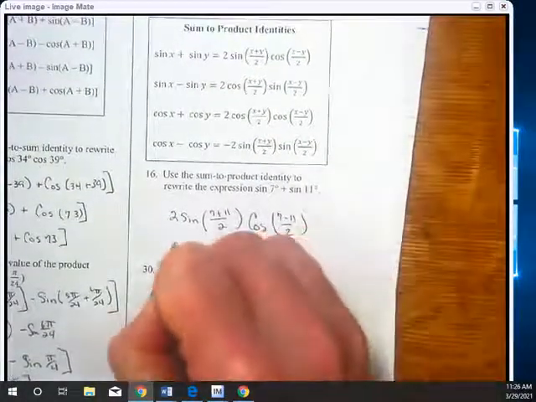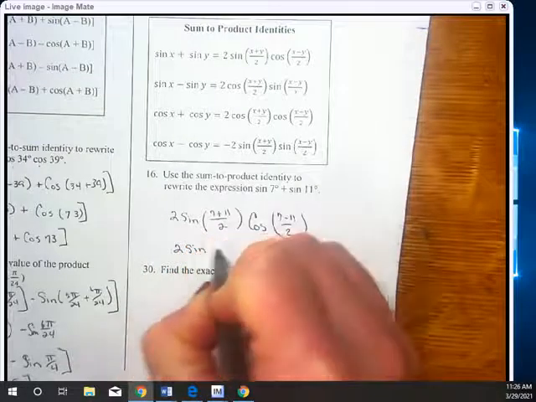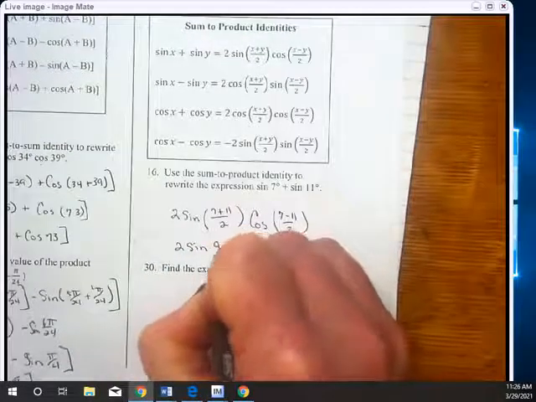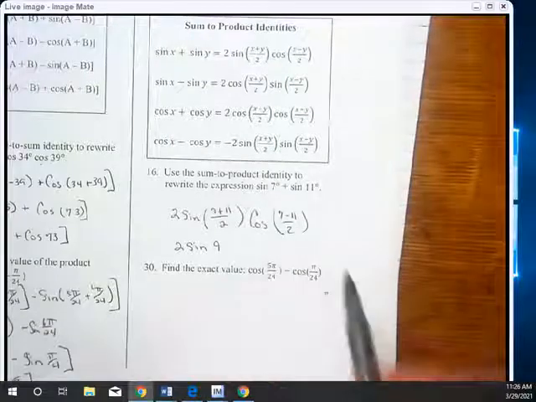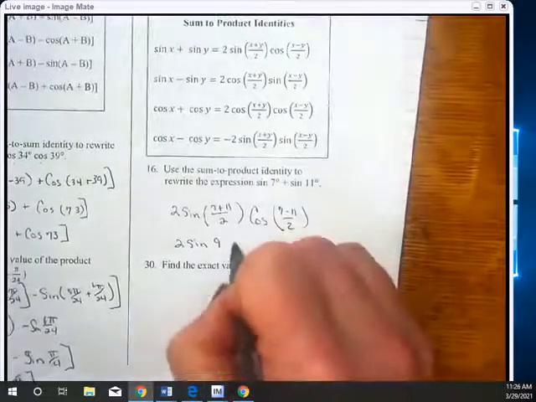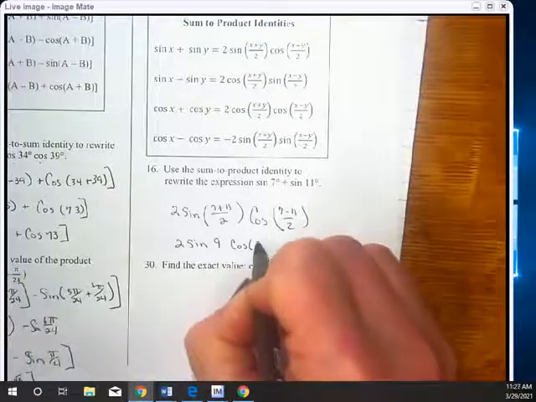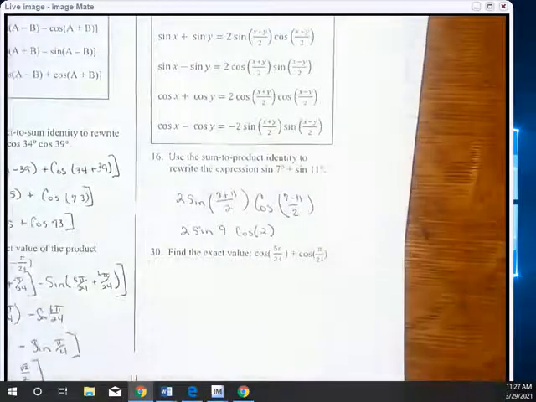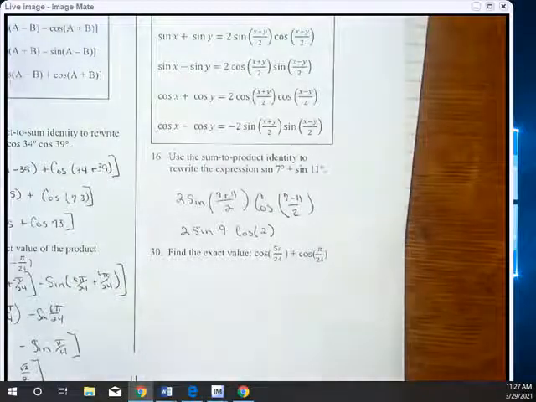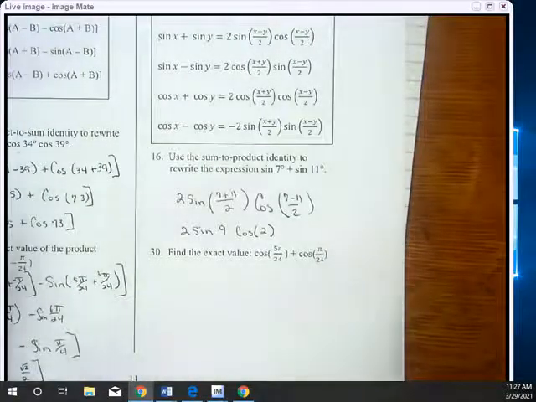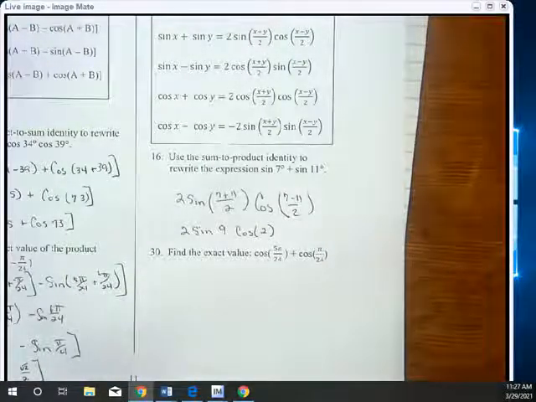I almost said 77. Not 77, no. Just a little bit off. 7 minus 11 and the negative 4 over 2. And it is cosine. The odd even identity says it's the same as the positive.